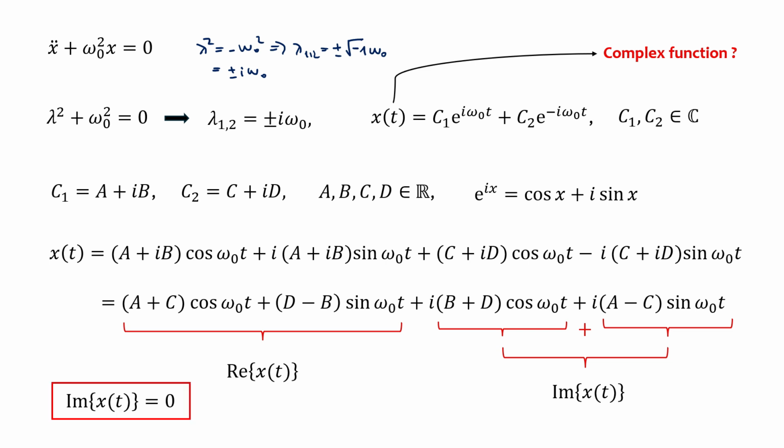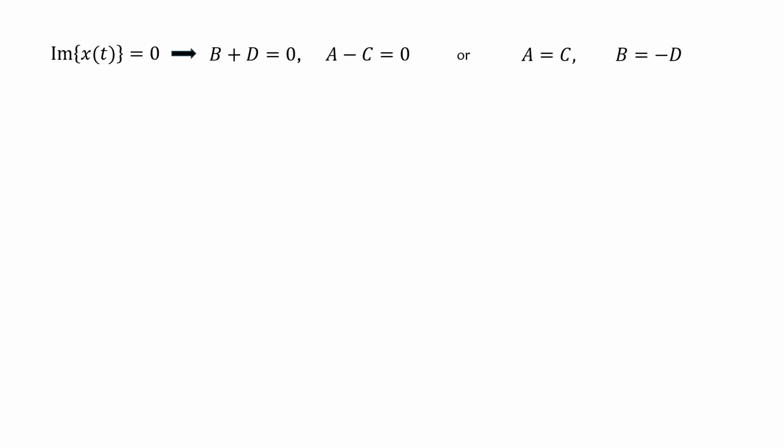This condition gives us a constraint on the constants a, b, c, and d that satisfy this requirement. The imaginary part becomes 0 when both of these terms vanish. So b plus d must be 0, and also a minus c must be 0. Equivalently, we can write this as a equals c or b equals minus d.